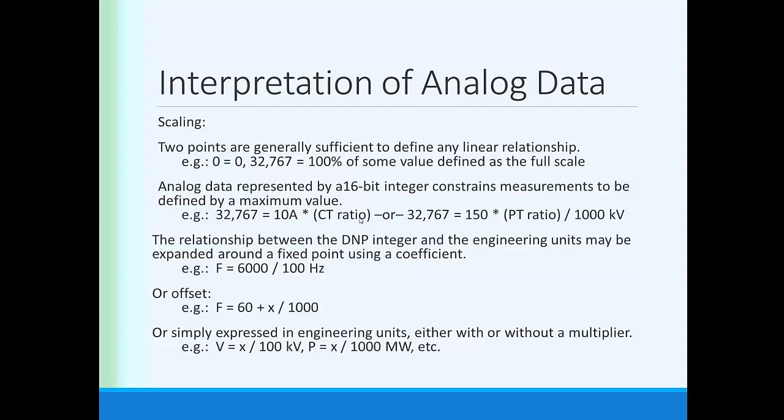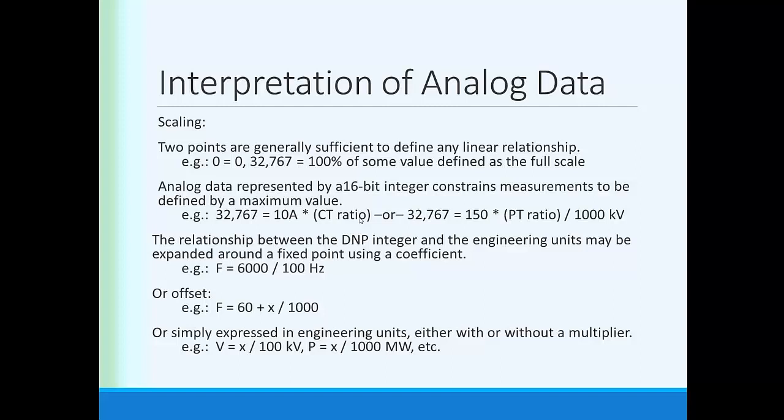So 6,000 divided by 100 is 60, your 60 hertz, and an increment in either direction, up or down, of 1 bit can represent a move of 1/100th of a hertz. So you just take the integer that you read from the IED, you divide by 100, you've got your frequency. That's one way to look at it.